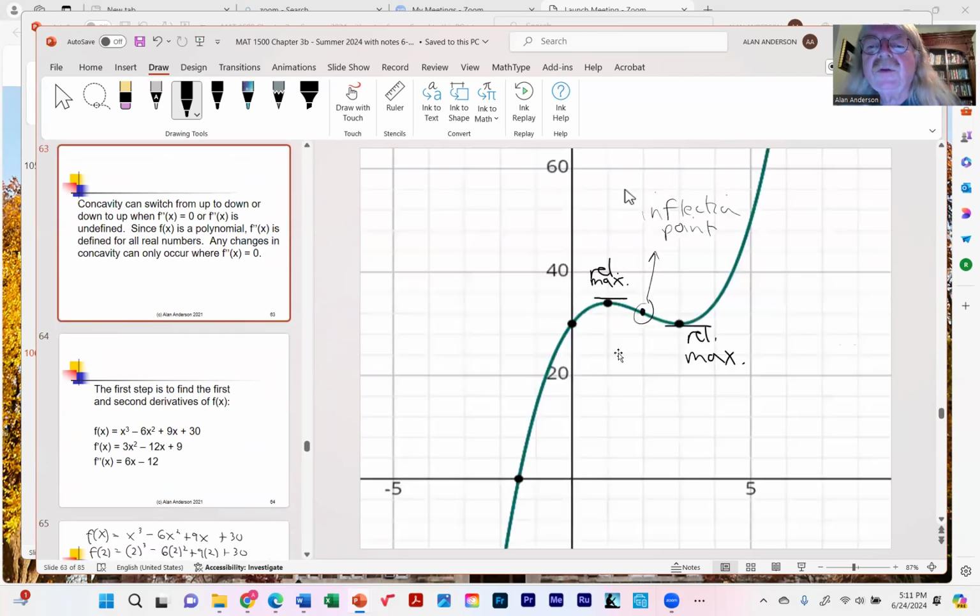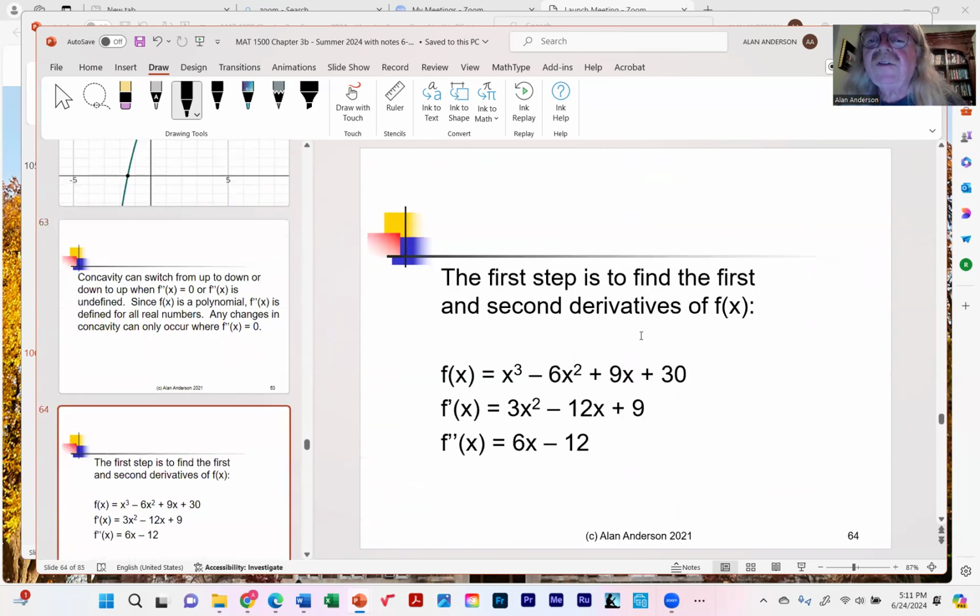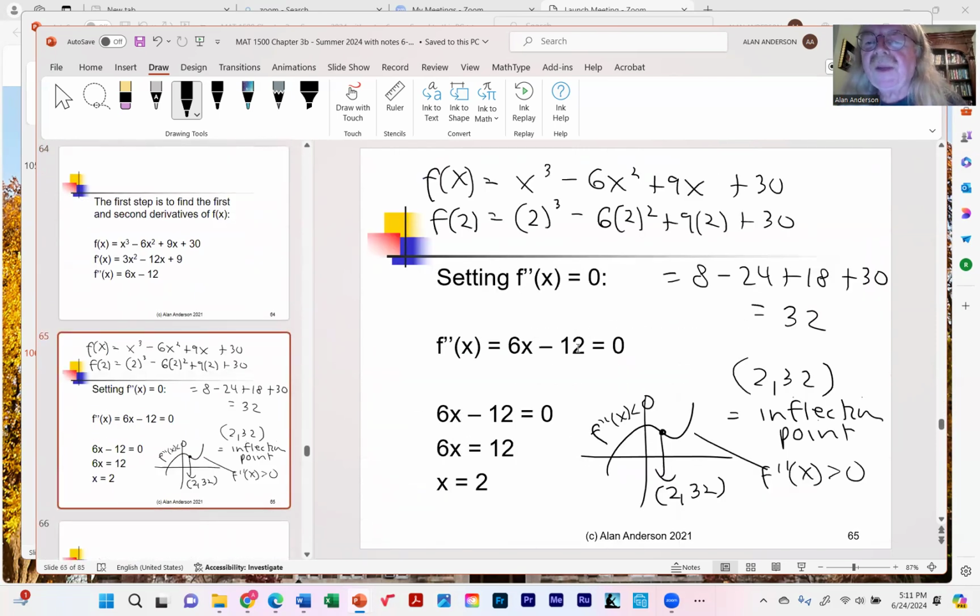Why is that? Because if you look at this graph very carefully, you'll see that the second derivative at exactly this point is exactly 0. That's when it switches from positive to negative. So by setting it equal to 0, we can identify any inflection points there may be here. You can see x is equal to 2.